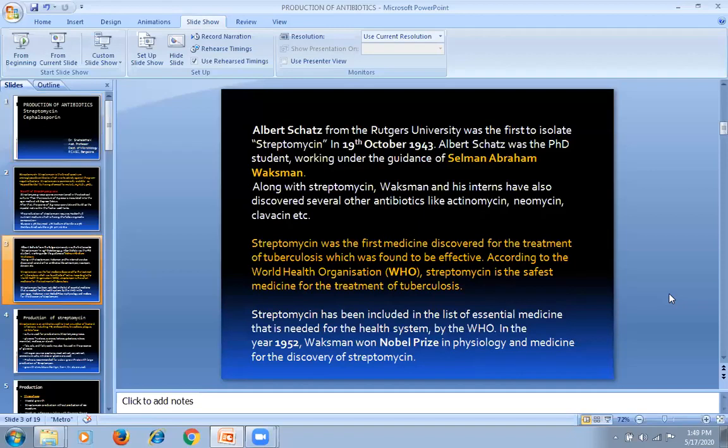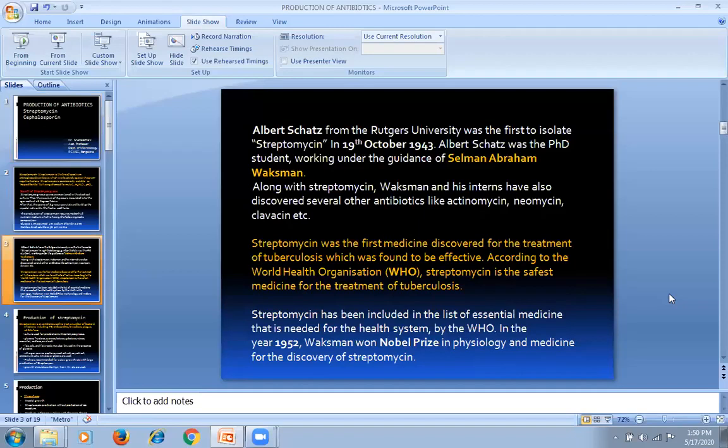He is basically a soil scientist, or rather a soil microbiologist, who along with his interns discovered many other antibiotics along with streptomycin. It can be actinomycin, neomycin, clavacin, and various others.